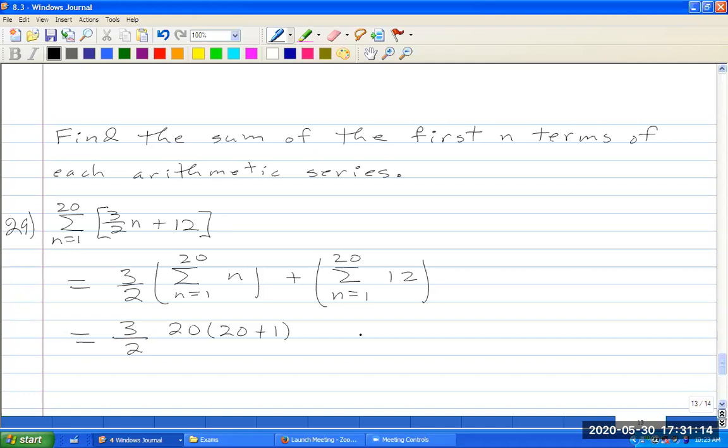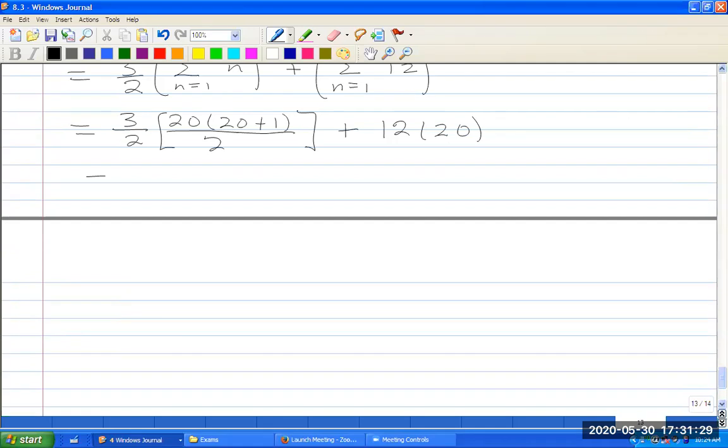I know what 12 plus 12 plus 12 added up 20 times is. Well, that's just 12 times 20. So this is equal to 3 times 20 times 21 all over 4 plus 240.